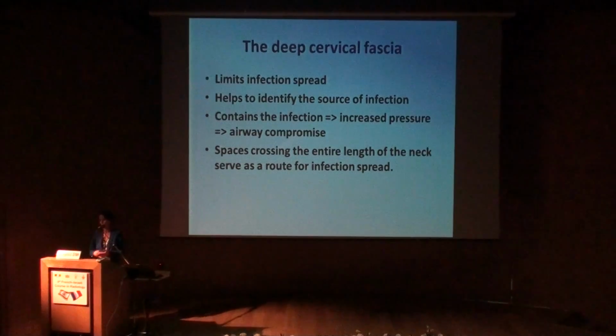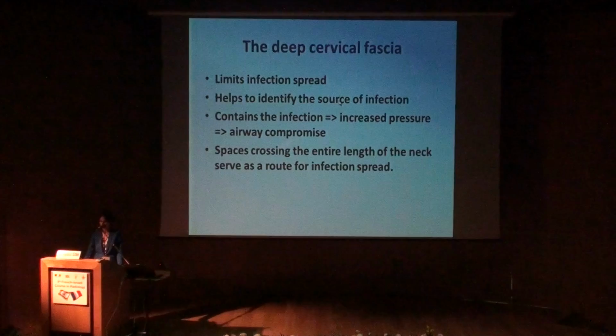This way, you can limit the infection spread, but also if the infection is limited to a certain space, that increases the pressure and thereby can compromise the airway. Also, if you know the spaces, you can locate the source of infection and try to find the causative source. And we also have spaces that cross the entire neck and continue to the mediastinum and serve as a way of infectious spread.